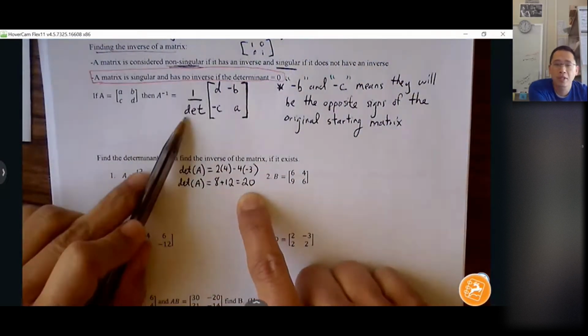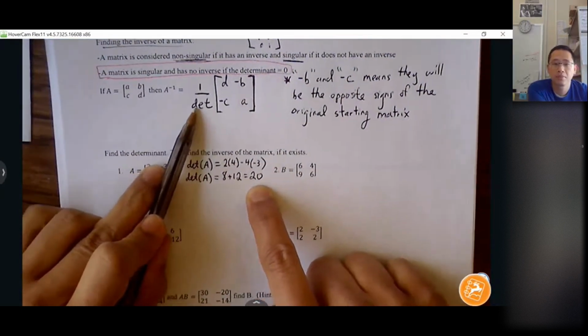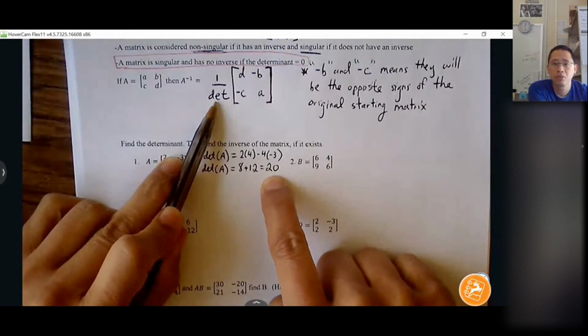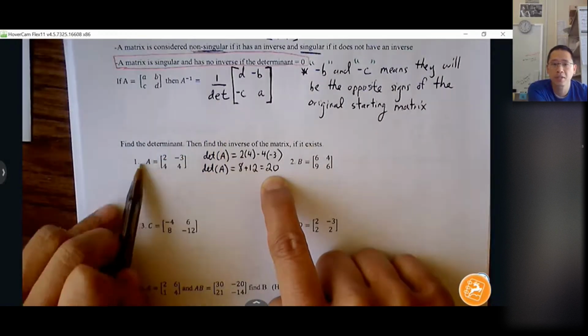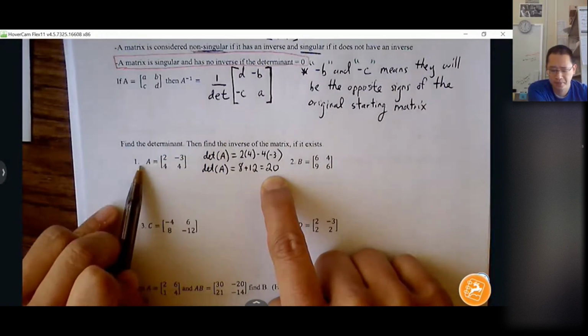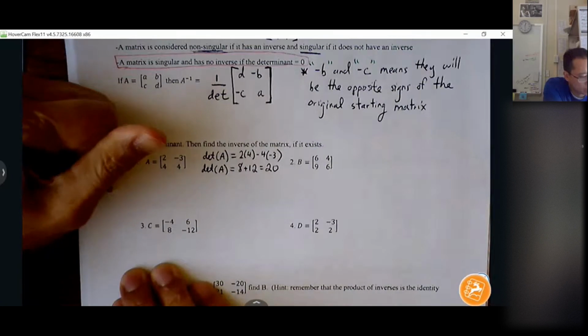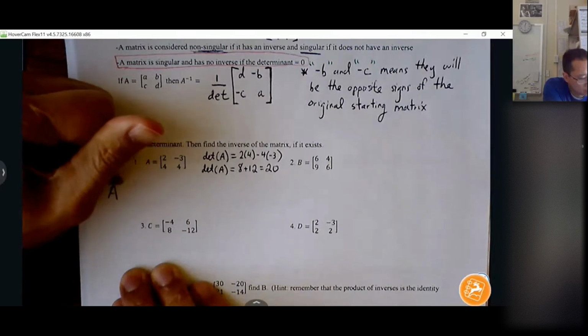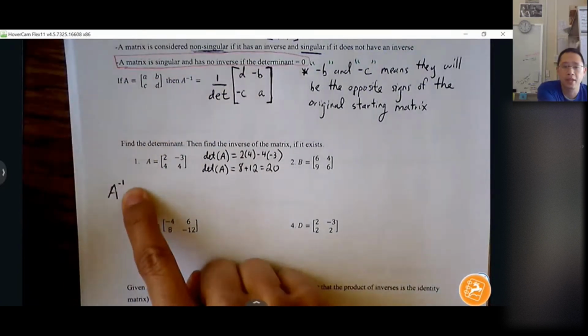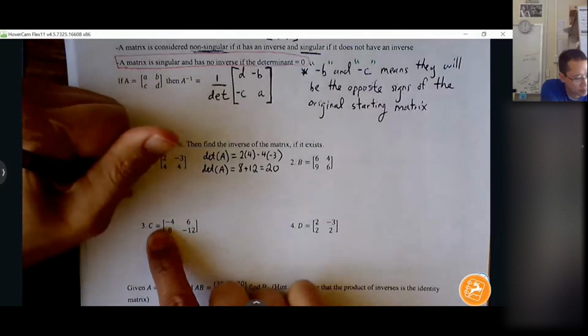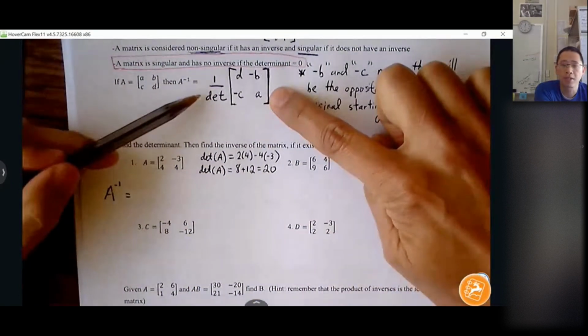So now that we have our determinant value, we can now work towards finding the inverse. Okay, so now inverse. So we're going to say A, with that notation to indicate that we're dealing with the inverse. And we're just going to follow what the formula says.